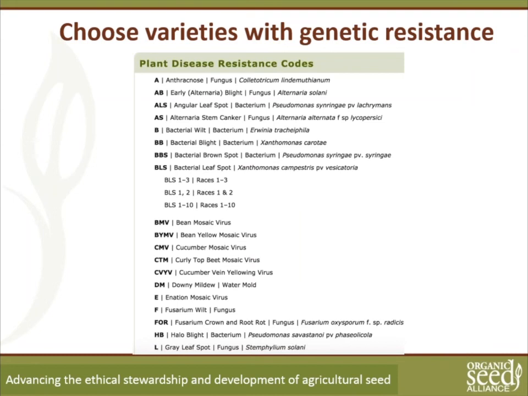So many catalogs and varieties will have listed what diseases they are resistant to, either through a qualitative strong single gene resistance that may have a name or an acronym associated with that particular resistance, or some crops maybe have what is known as horizontal or durable resistance.